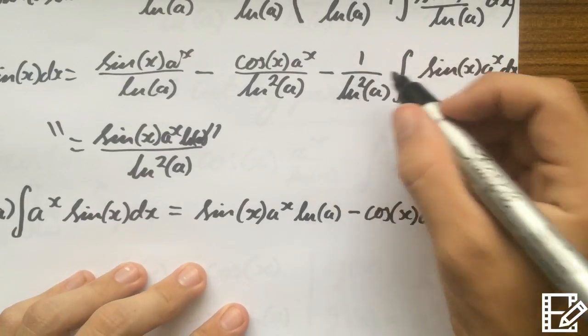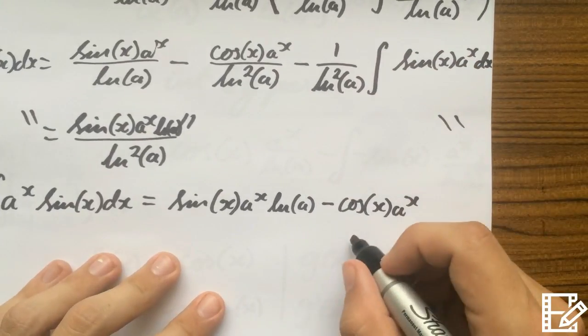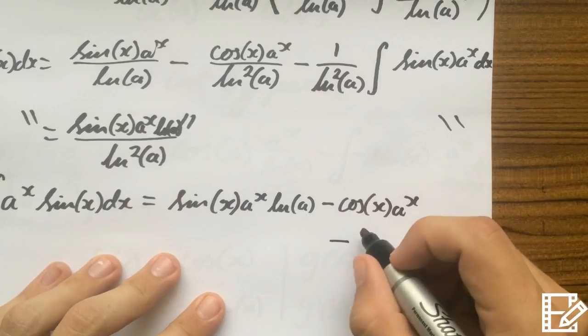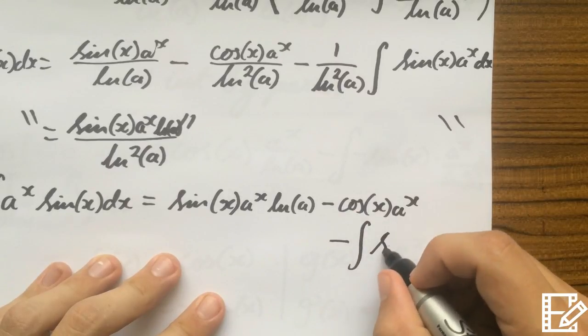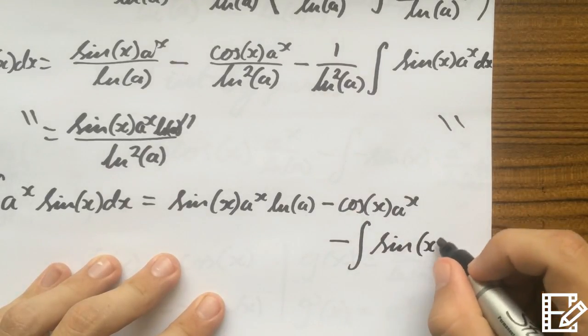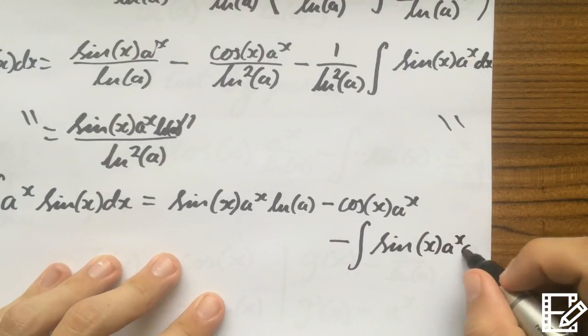And we don't have to write this bit, we just have to write, I can't fit it, but I'm going to have to write minus the integral of sine x a to the x dx.